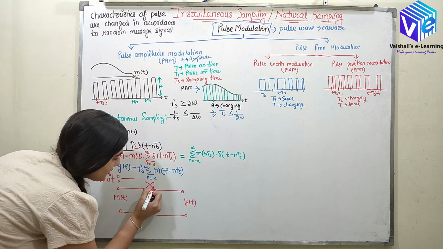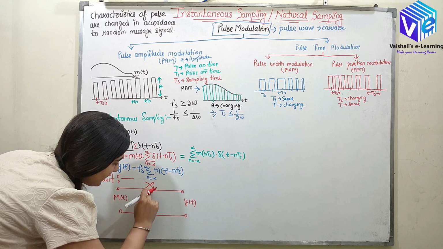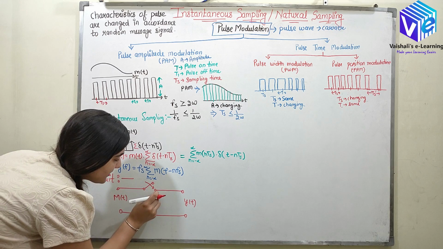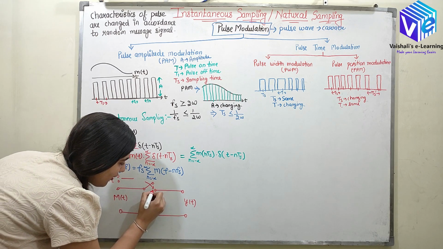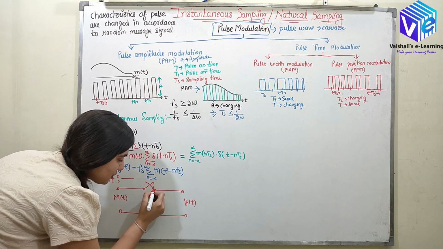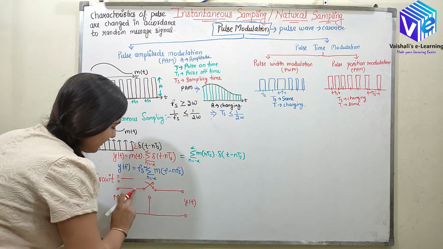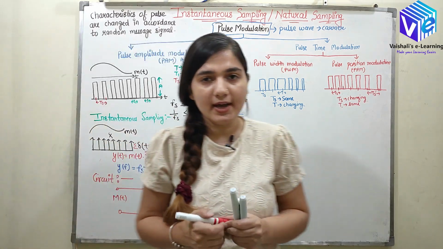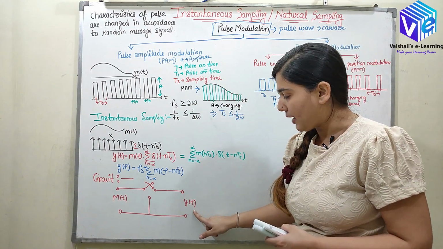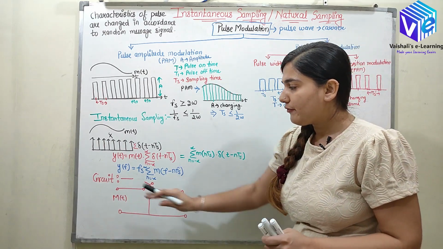Now this switch is connected here instantaneously, then again it is connected here. So the instant of time that this switch is connected to this terminal is tending to 0, and just after that this switch comes here and again this process repeats. So from here I can generate the instantaneous sampled output y(t) with the help of m(t). Now I hope you understood how we can generate it.